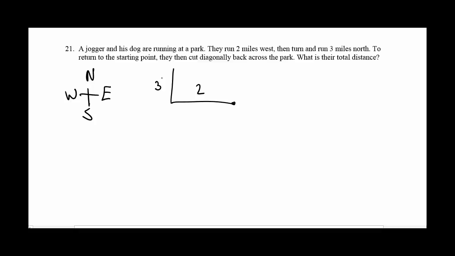And then they return to the starting point where they can cut diagonally across the park. Okay, so I'm going to move my 2 on the outside here, not a huge deal. So 2, 3, and then this mystery number here. And since they turned heading west to north, that was a right angle.